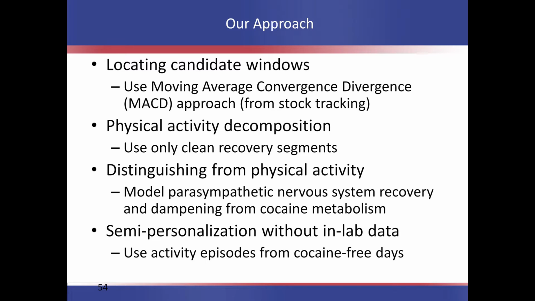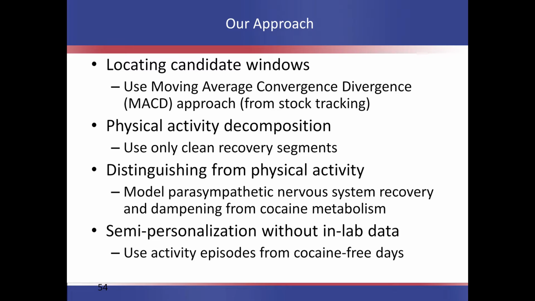So we borrow this approach that they have used to locate those upward and downward trends to find the beginning and end of the segments in the time series data that may indicate the start of a cocaine use episode and the end of the recovery. And this method is called the moving average convergence divergence approach.